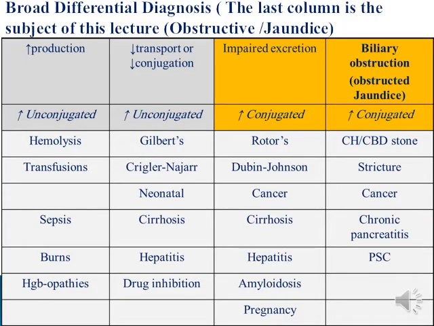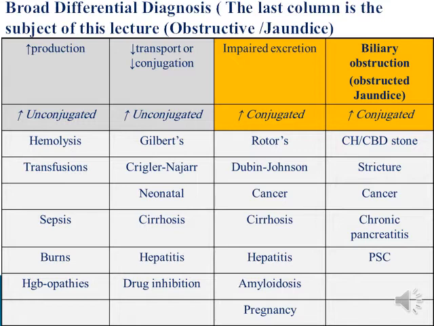For the broad differential diagnosis of jaundice, I will focus only on the last column, which is biliary obstruction, obstructive jaundice. This is the focus of this lecture in surgery. The first three columns relate to jaundice in medicine.